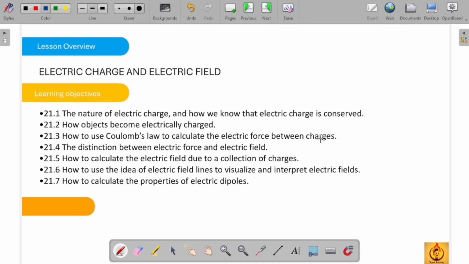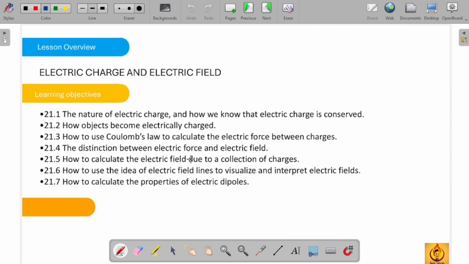Before I move to the next slide, I believe in our session today we'll be able to distinguish between electric force and electric field, calculate the field and the field due to a collection of charges, learn how to use electric field lines and interpret them, and maybe calculate electric dipoles and their properties.